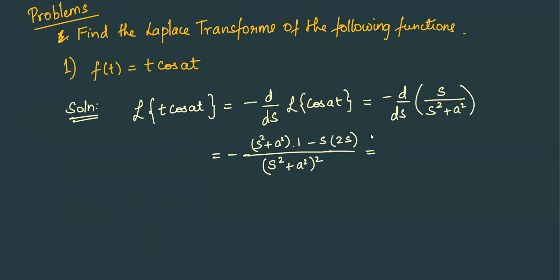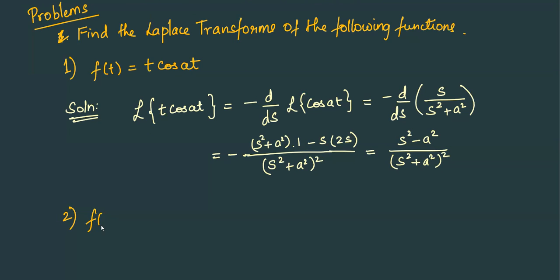So we get a square minus s square, and with the minus sign it becomes s square minus a square over s square plus a square whole square. It is the same thing we got by that method, multiplying by e power iat.